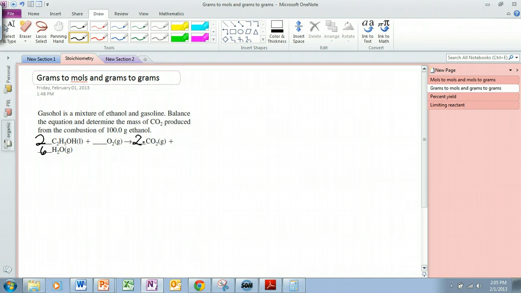And then I have 4 plus 6 is 10, and so I need a 5 here. If this had all come out the same as even numbers, then I would have to look and make sure I'd balanced it correctly.